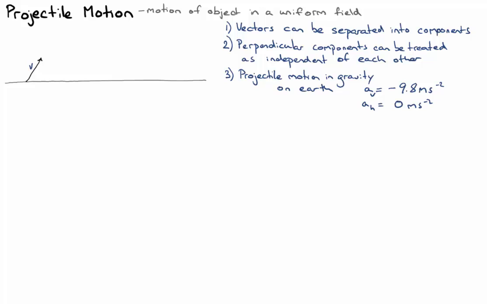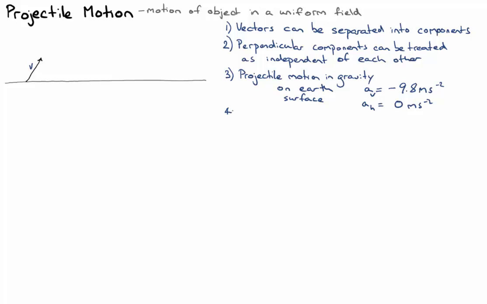Now, I've just noted there that it's on the Earth's surface. So the vertical acceleration is 9.8 meters per second squared, and I've defined it as negative because I'm defining the direction down as being negative and up as being positive.